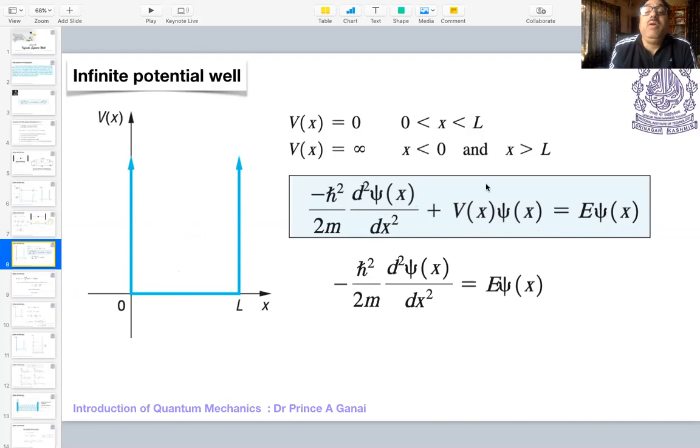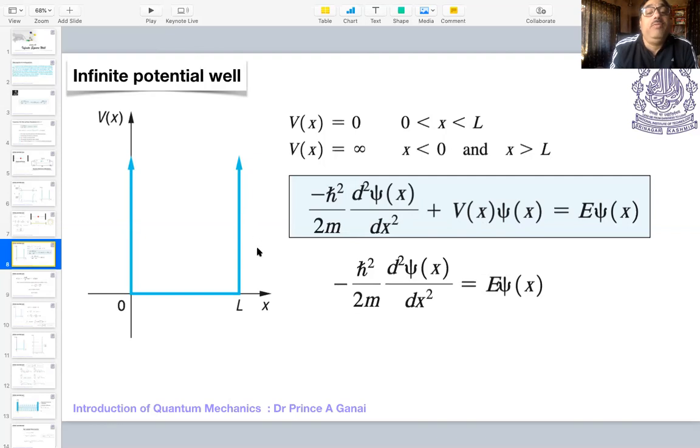I will take psi of x. It has to be finite. I will take it 0 at the boundaries. And if I take psi of x 0 at the boundaries, then I can remove the singularity at the boundary. Therefore, the wave function should be 0 at the boundary and beyond the boundary, because beyond the boundary there is no possibility of finding the electron or a particle there, because the particle bounces between the two walls.